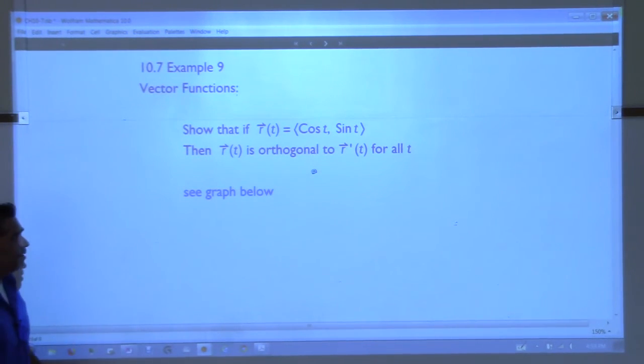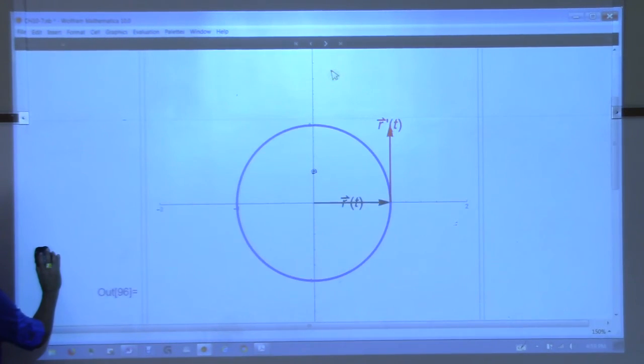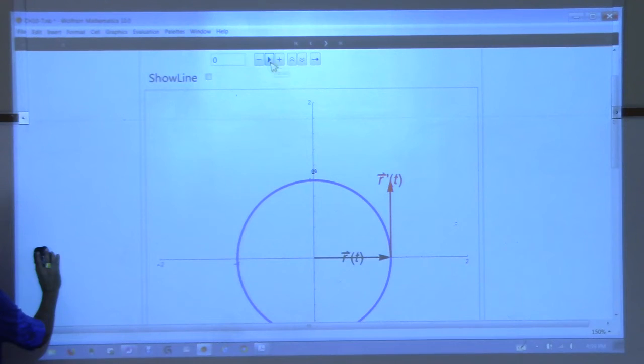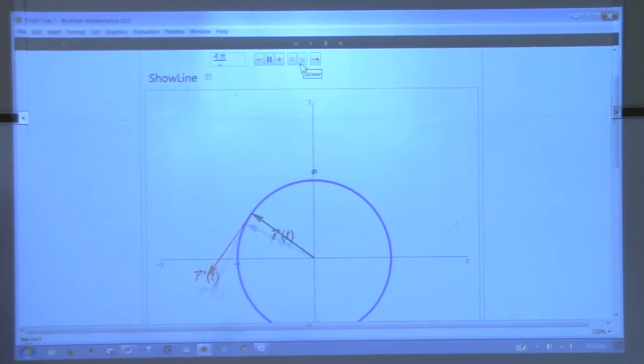Visually, I think we can all agree because of what it's drawing. What is it drawing? A circle. If we draw this, the derivative vector is always orthogonal to the vector function itself.